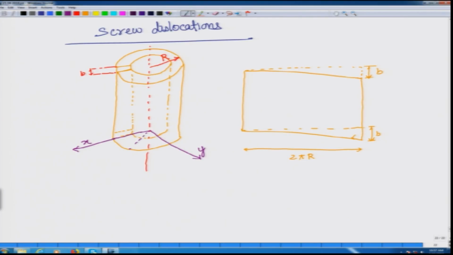Now, let us say I am talking about some particular plane on this cylinder which is at an angle theta with respect to x. In terms of length, this will be equal to theta r, assuming theta is given in radians. So, this distance is theta r.